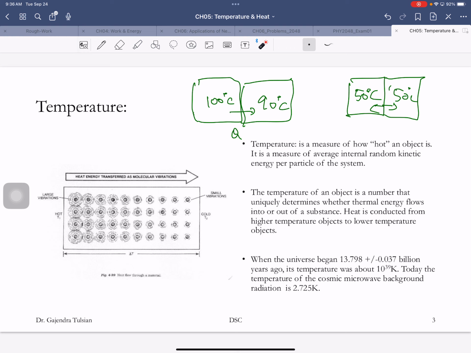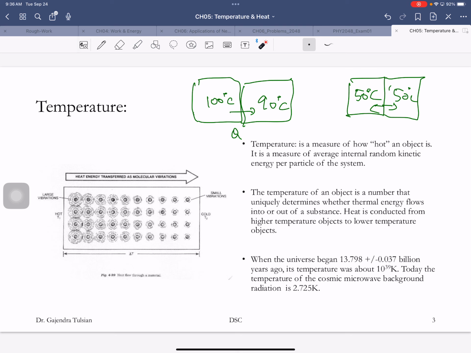For instance, let's say this could be this table that we're talking about, and in the solid an atom is fixed. If this end is hotter, that means these atoms have higher kinetic energy than these. We'll see how heat is conducted from a hotter end to the colder end later on.